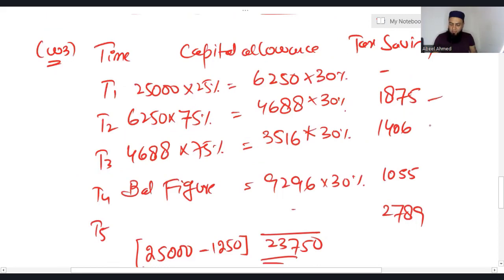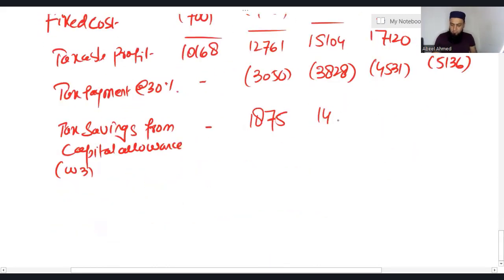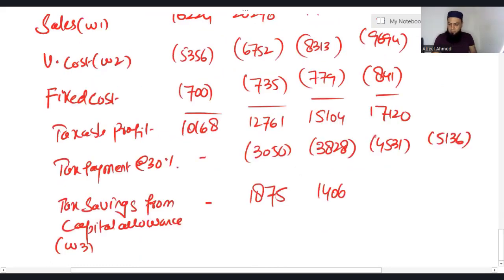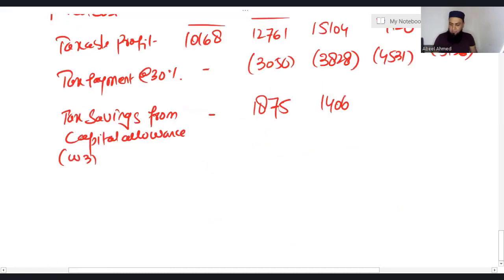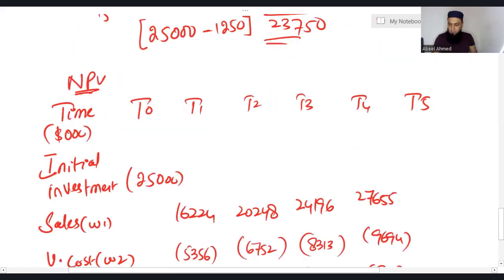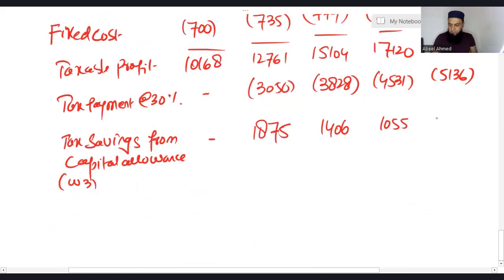Second tax saving is 1406. Third, 1055. Fourth is 2789.